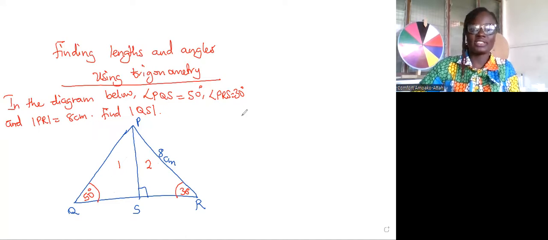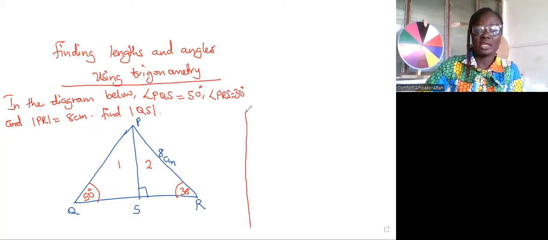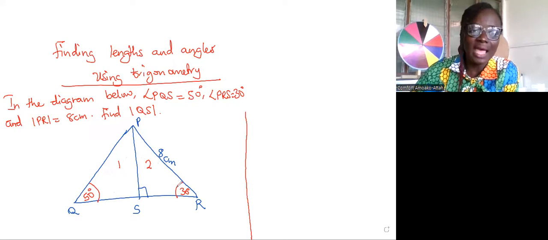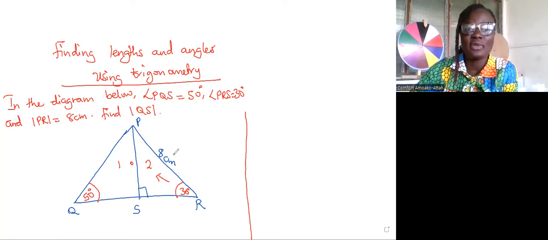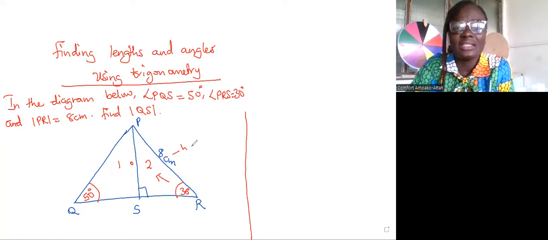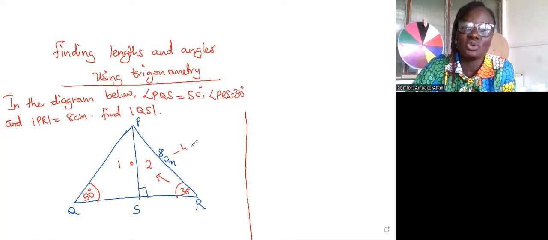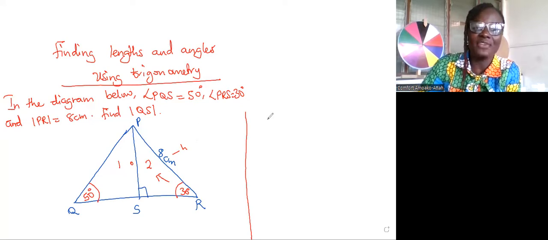So let's do it. Now you ask yourself, this angle is directly opposite to this side, which is giving us our opposite. And we have the longest side, which is our hypotenuse. Then with that, which of the trig ratios can we apply over here? Since we are having OH, that is giving us what?